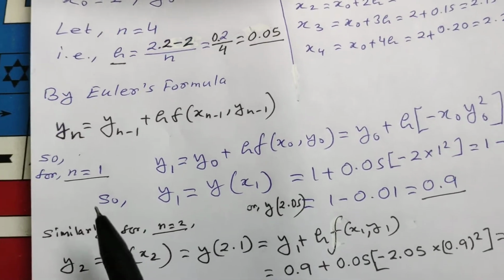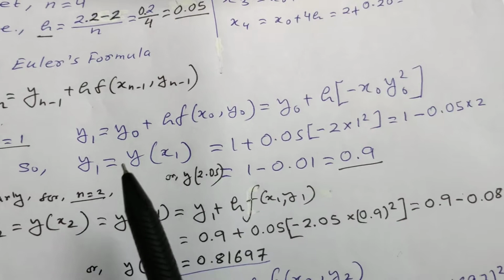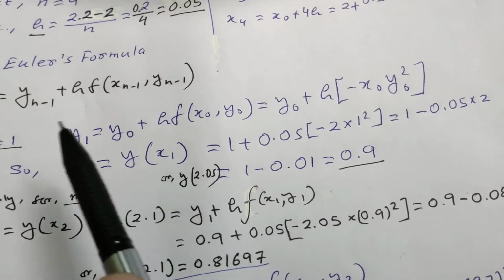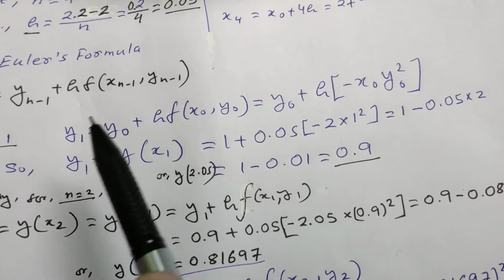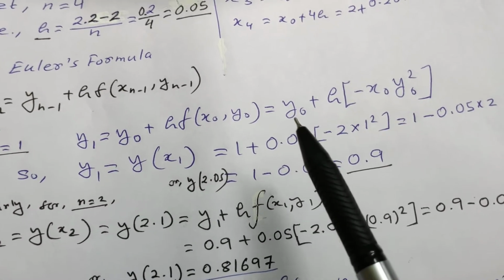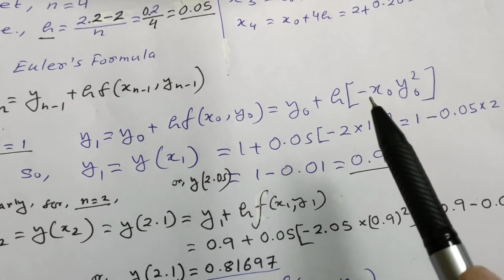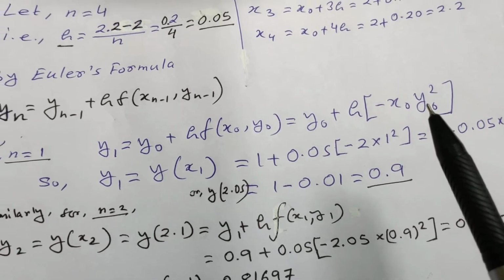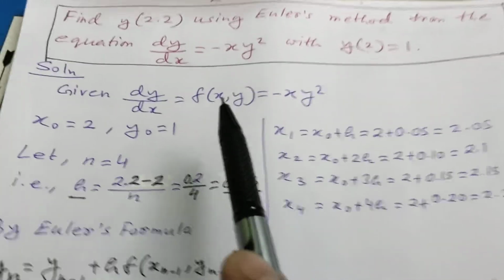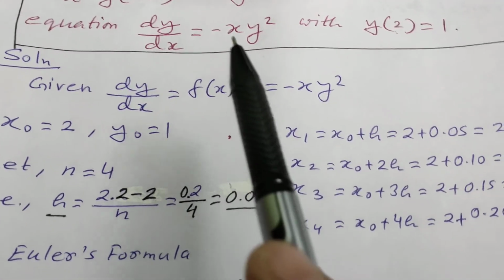So for n equals 1, y1 equals y0 plus h f(x0, y0) from this formula, right? If we put n as 1, it is y0 plus h into minus x0 y0 square, as it is given in the question. See, it is given in the question here.